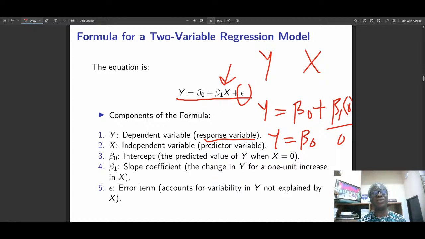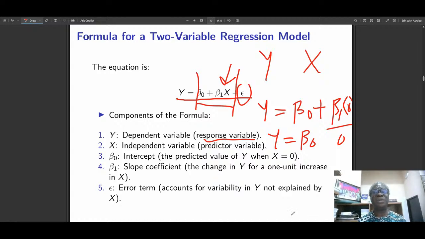That is the part of y that the model cannot explain. So if you look at the model, this part represents the part of y that can be explained, and the error term represents the part of y that cannot be explained by x or by the model.